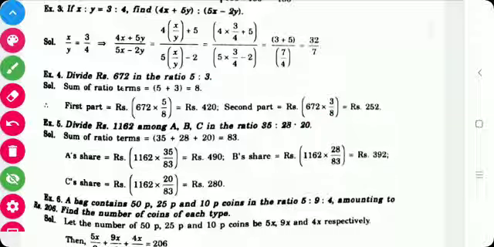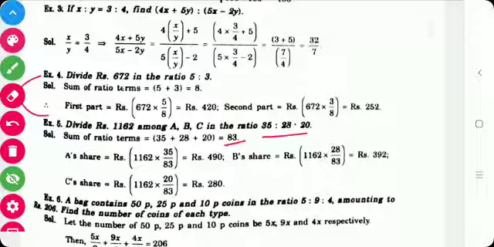Next is: divide rupees 1162 among A, B, C in the ratio 35 is to 28 is to 20. Similar problem, same as the previous example. The sum 35 plus 28 plus 20 is 83.